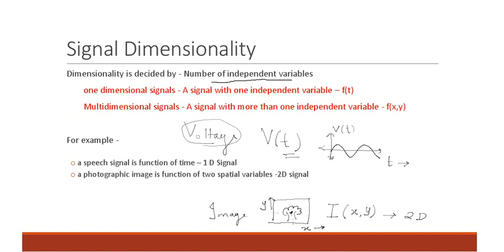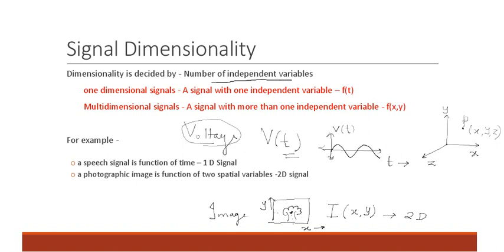Let us look at one example of a three-dimensional signal. Let me talk about representing the signal in space. If I'm talking about any particular point in space, how do I represent this point? This particular point needs to be defined with three variables x, y, and z. And hence, as three variables are involved, this becomes a three-dimensional signal.